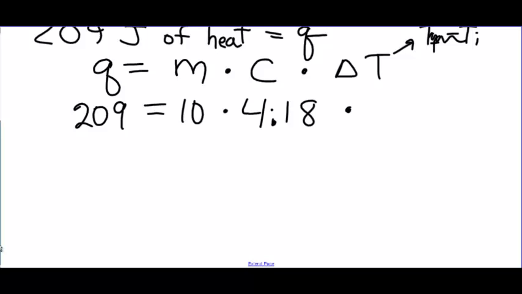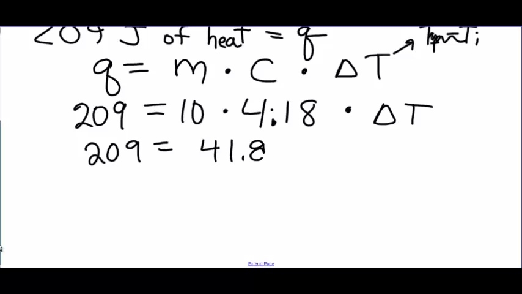Delta means difference. It means change. It's not triangle T. Okay? So I'm going to solve for delta T. So I multiply 10 times 4.18, and I get 41.8 times delta T. And then I divide both sides by 41.8.